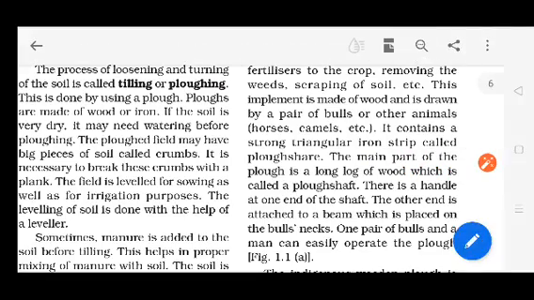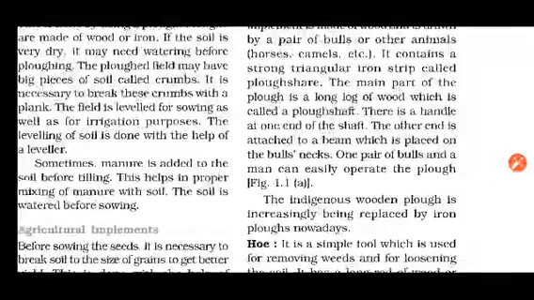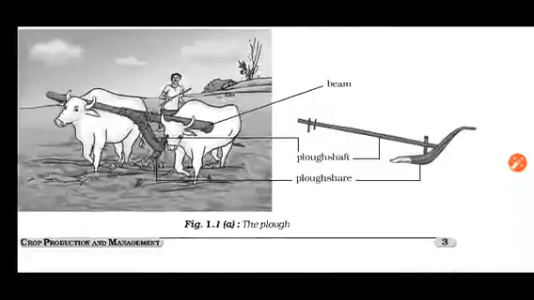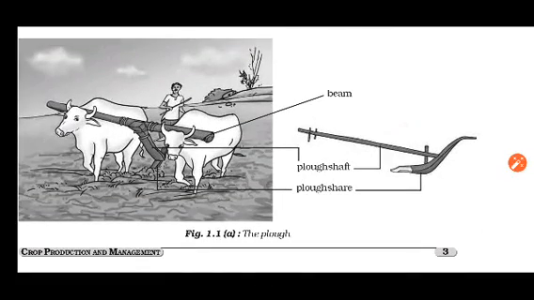Before starting, let me show you the figure of plow, and you must easily remember and identify this structure used by farmer. Watch the structure very carefully, because when you read about this, everything will be clear in your mind.